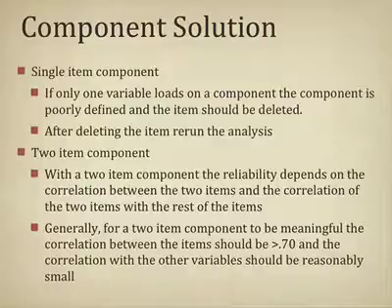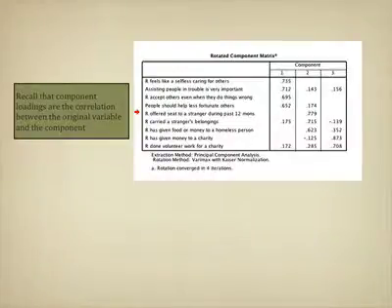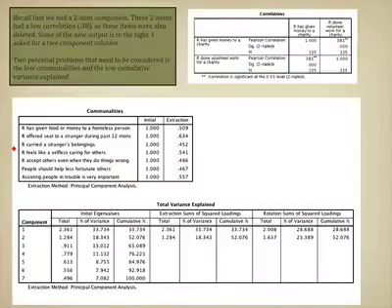And correlations with other variables should be reasonably small. If we look at a correlation matrix for my two item solution, the correlation between these two variables, somebody gave money to a charity and the respondent did volunteer work for a charity, is relatively low, 0.381, right?